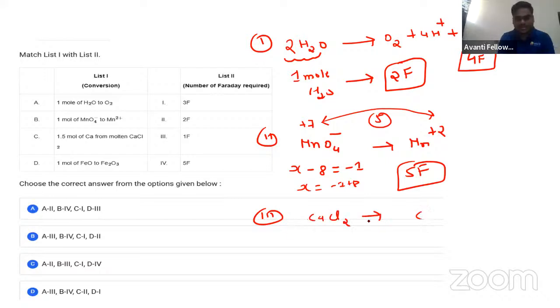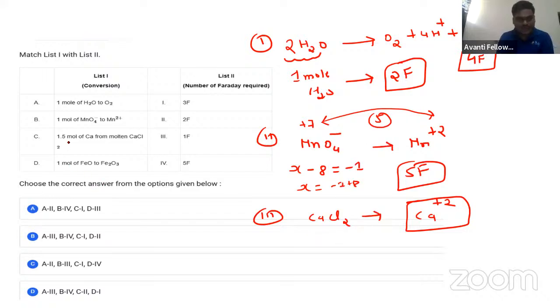सो दिस है, तो कितना चार्ज का रिक्वायरमेंट होता है? दैट इज प्लस 2, राइट? दैट इज प्लस 2, बिकॉज हेयर वी हैव Ca is in plus 2 state, right? So plus 2. It means we can say that 1 mole of CaCl2 will produce 2F charge, right? 1 mole कितना produce कर रहा है? 2 mole charge.